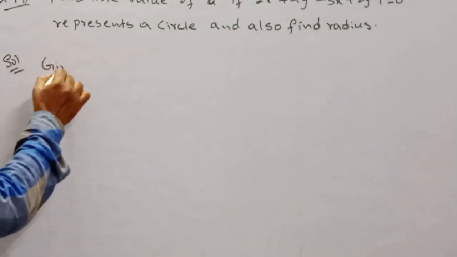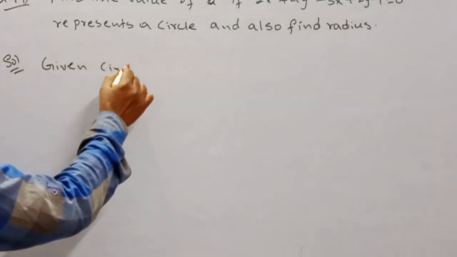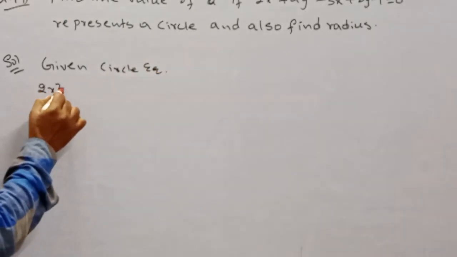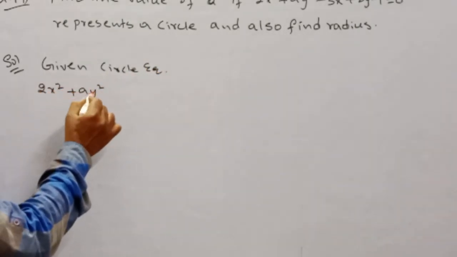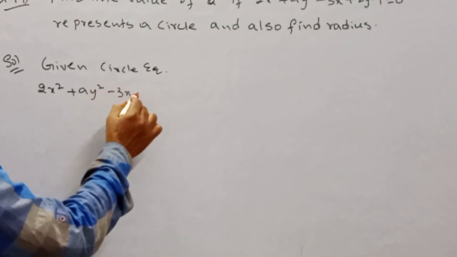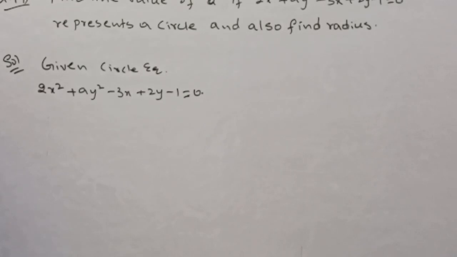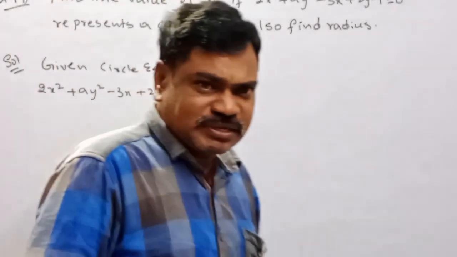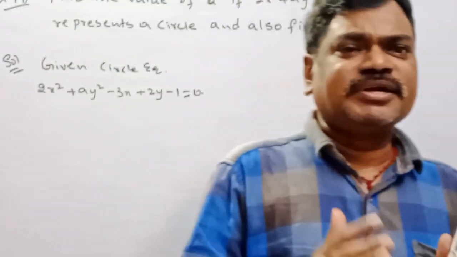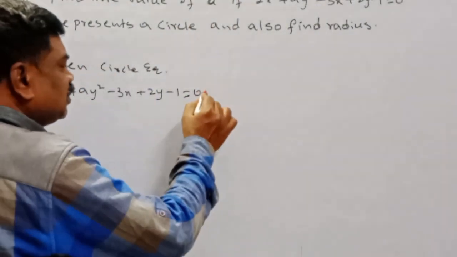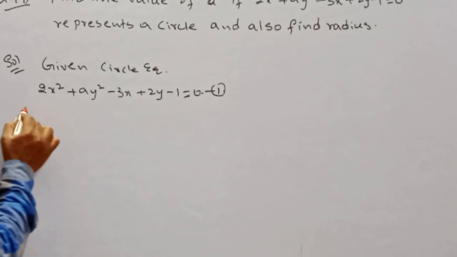Here you see the given circle equation, that is 2x² + ay² − 3x + 2y − 1 = 0. A circle equation represents x² coefficient equal to y² coefficient. So this is equation 1.